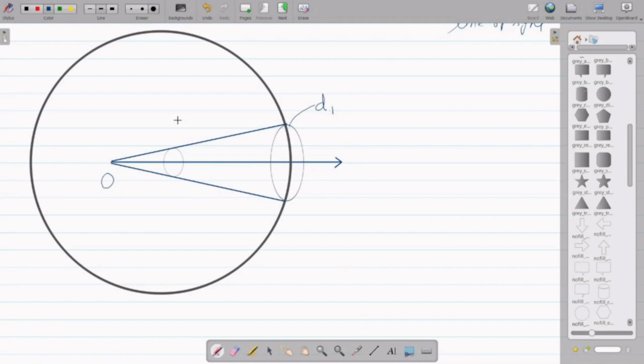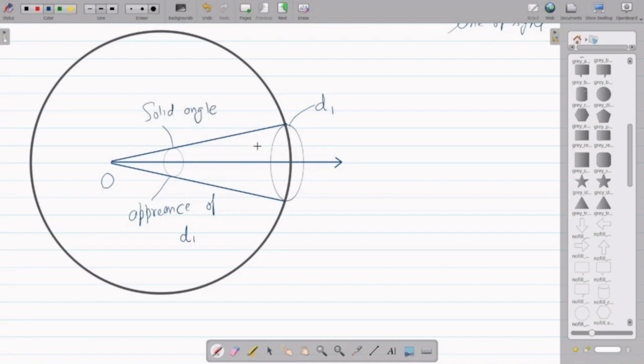Now at this instant, you should ask one question here: what does this small surface element represent? Well, this is the appearance of disk D1, and it is nothing but what is called the solid angle, right?